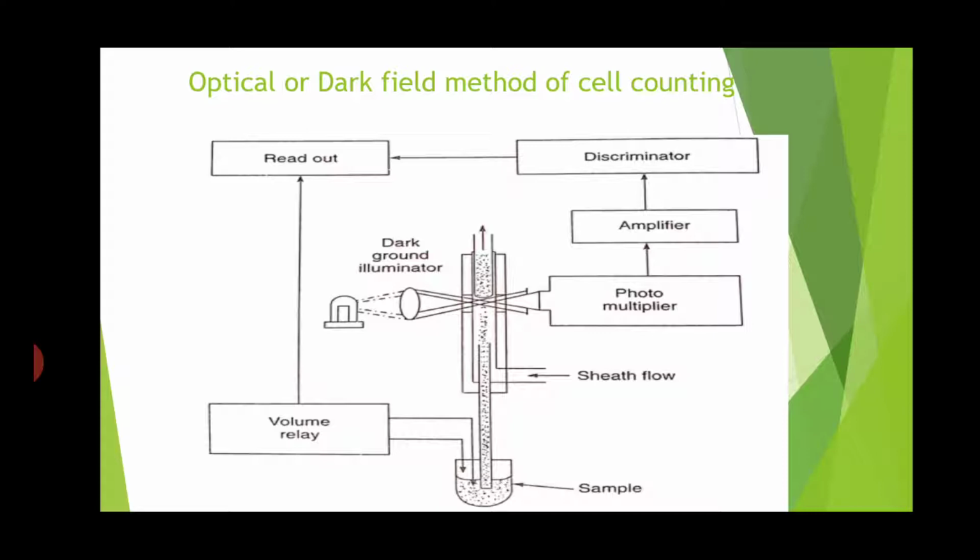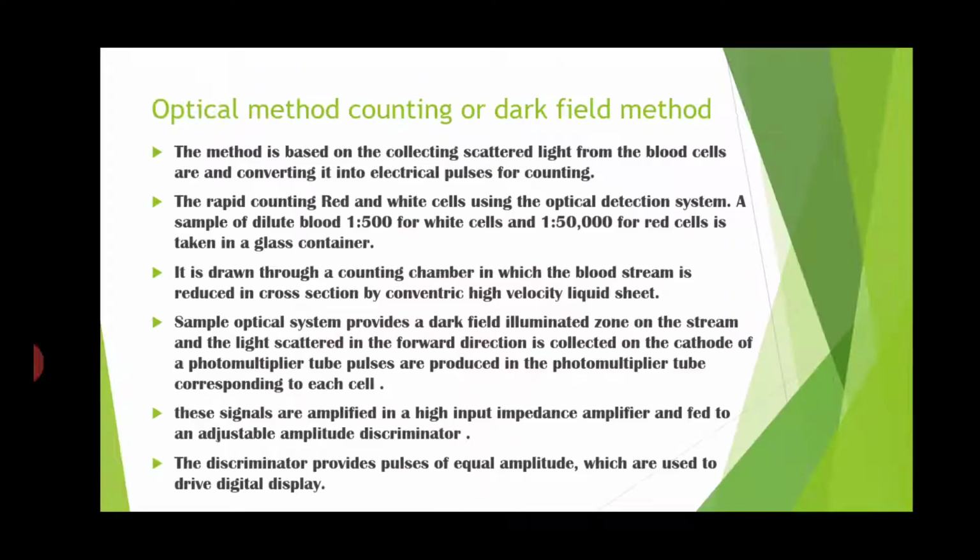This is a block diagram for the cell counting method using the dark field. In it there is a volume relay, illuminator bulb, sheath, photomultiplier, amplifier, discriminator and a sample. This question you get for 5 marks.